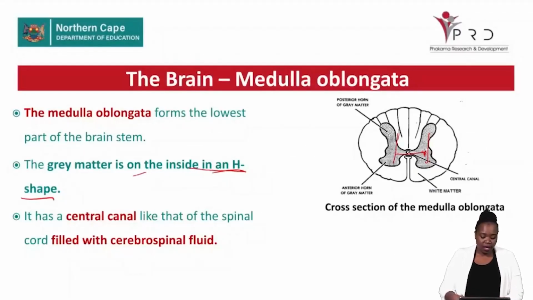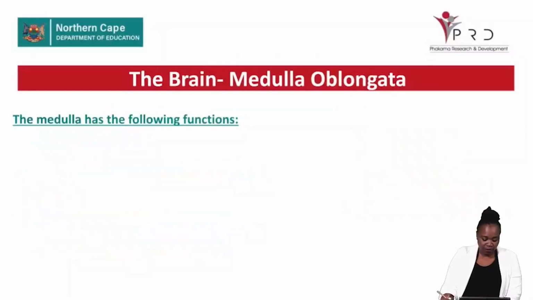That is the gray matter of the inside of the medulla oblongata. Right. Now we also have the central canal, which we can see is right there. And this central canal is filled up with the cerebrospinal fluid, just like the ventricles of the whole brain itself. Right.